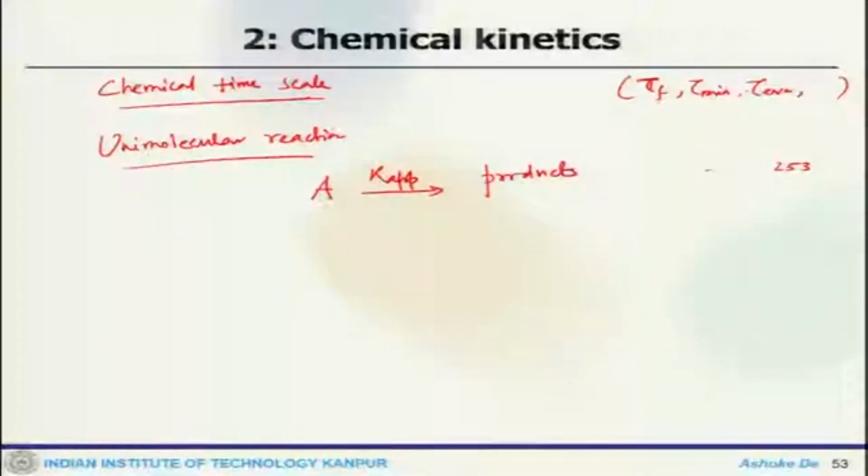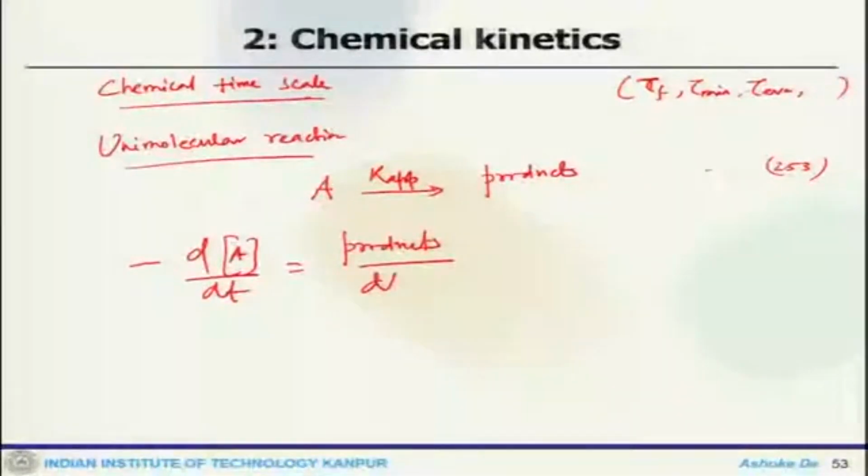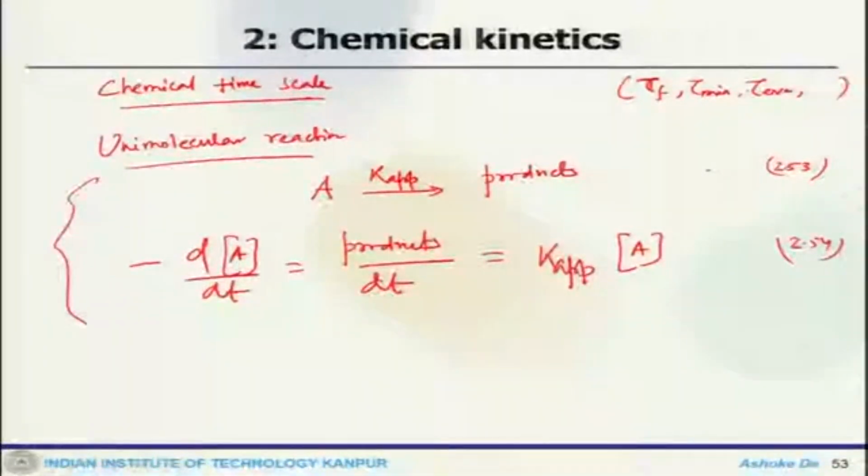This is what we already saw in 2.53, and this rate, d products by dt, which is Kf times A, is what we have seen in 2.54. So these we have already seen for a unimolecular system.